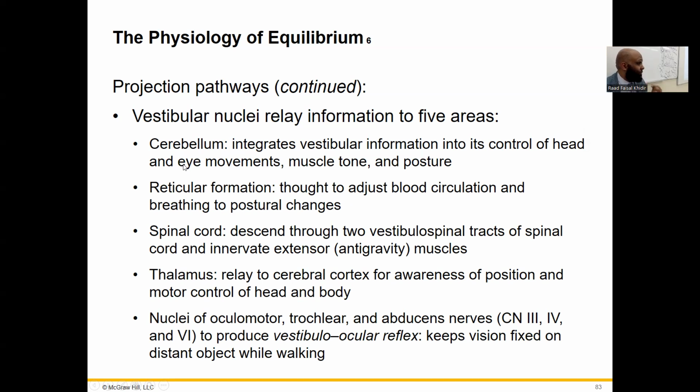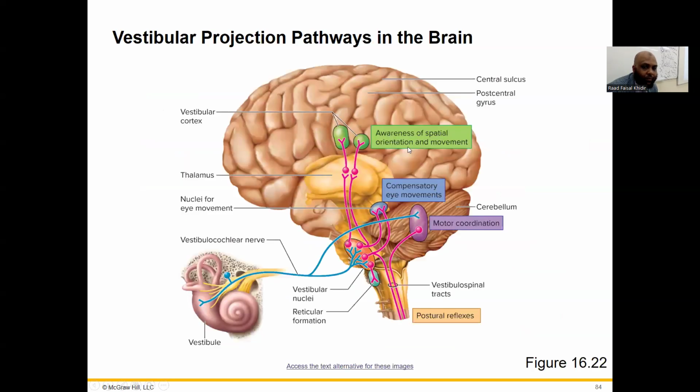One is the cerebellum, the most important region for coordinated and planned movement. The cerebellum integrates the vestibular information into its control of the head and eye movement, and the muscle tone and posture. The reticular formation is thought to adjust the blood circulation and breathing to postural changes. So that shows us that our ear is also implicated in having first order neurons that regulate our balance.